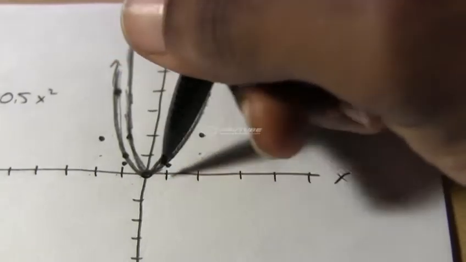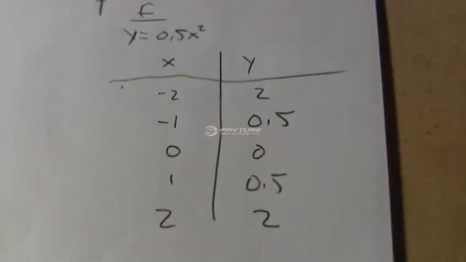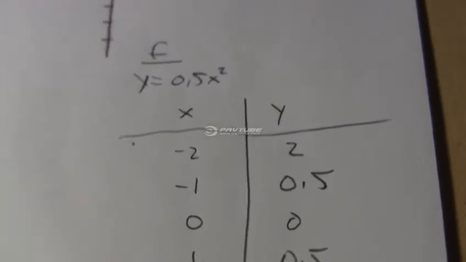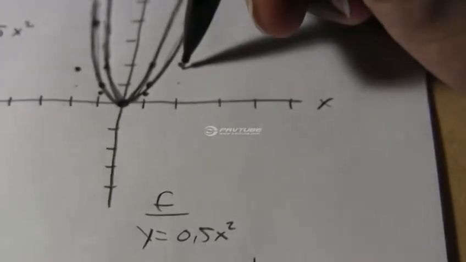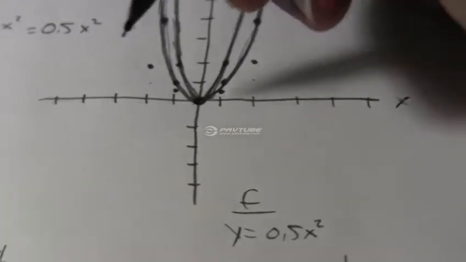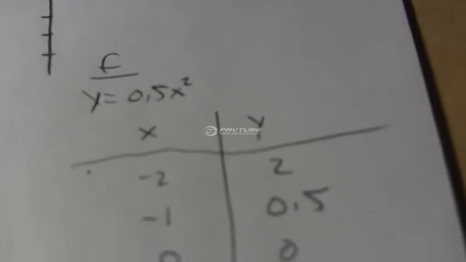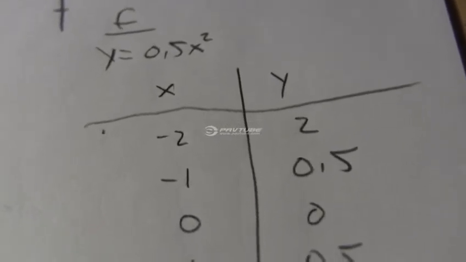So you got 0, 0, you've got 1, 0.5, -1, 0.5, 2, 2, 1, 2, -2, 2. So now we've got something that's doing like this.